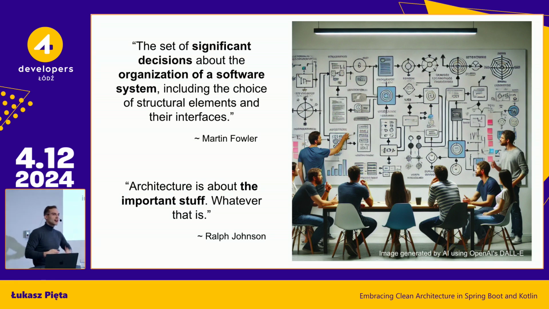But when the clock is ticking and we face some problems, we make some decisions, and at the end, it's probably not the way we saw it at the very beginning. So architecture is actually the result of some decisions we made in time. And I really like this one, and the other one, that architecture is about the important stuff, whatever it is.